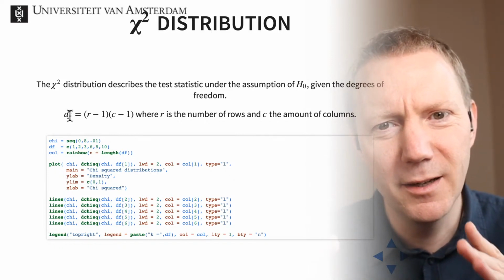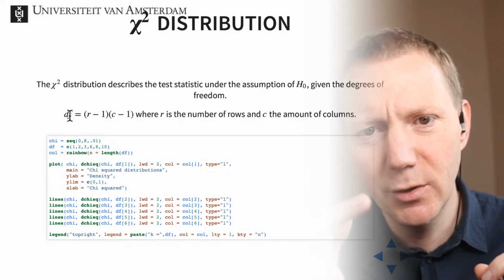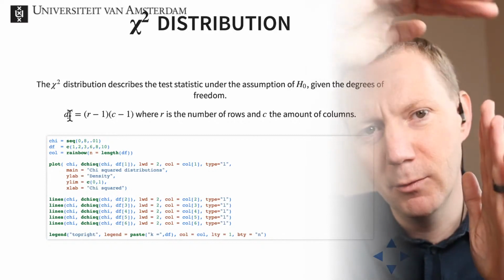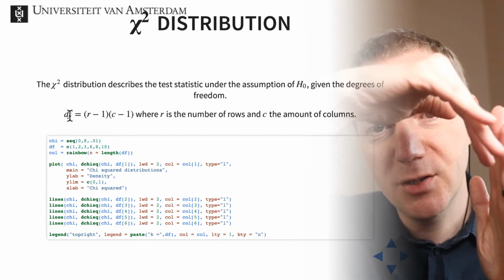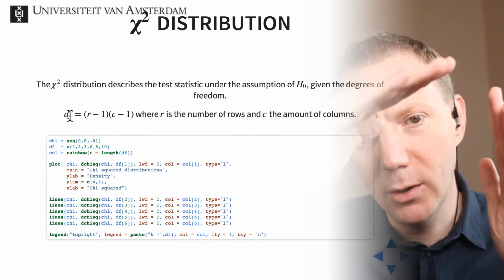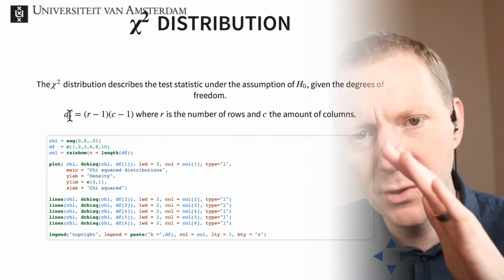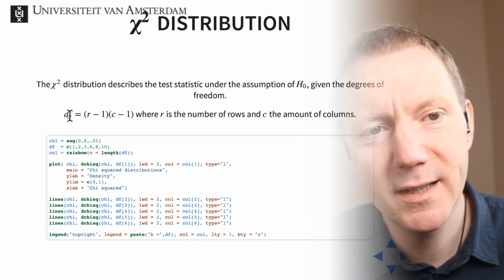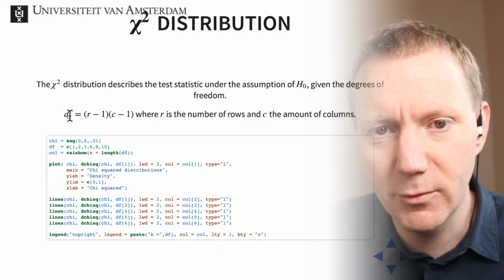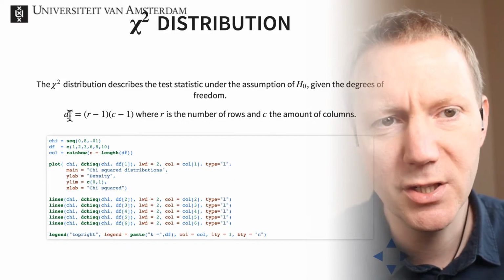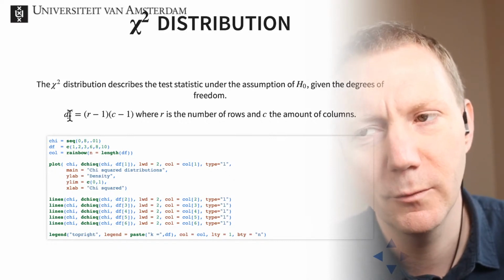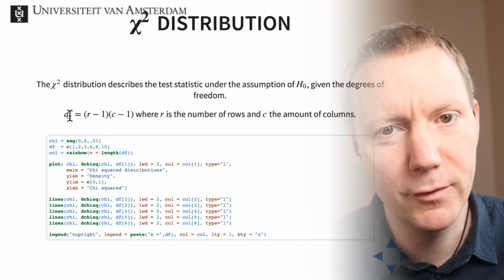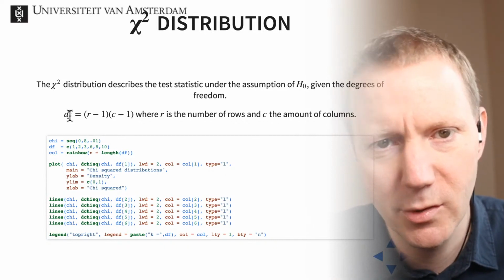The F distribution has 2 degrees of freedom, one for the error and one for the model, which determines not just the height but also how much it's skewed to the left or to the right. And the chi-square test also contains degrees of freedom. So that's a very good observation: if you have degrees of freedom within your distribution, that means we could have different shapes of our chi-square distribution.